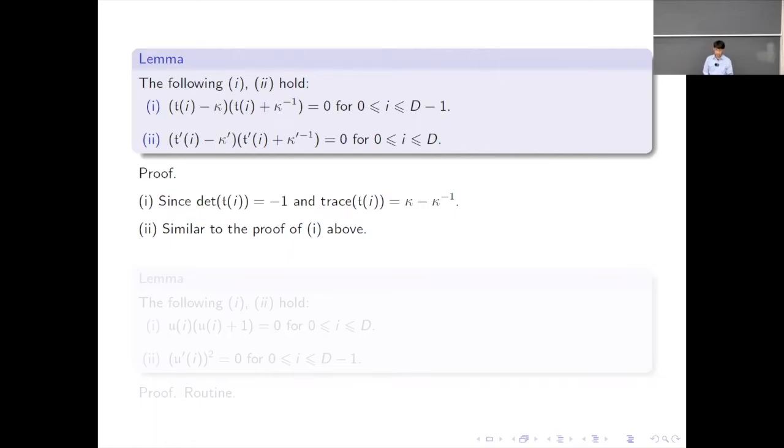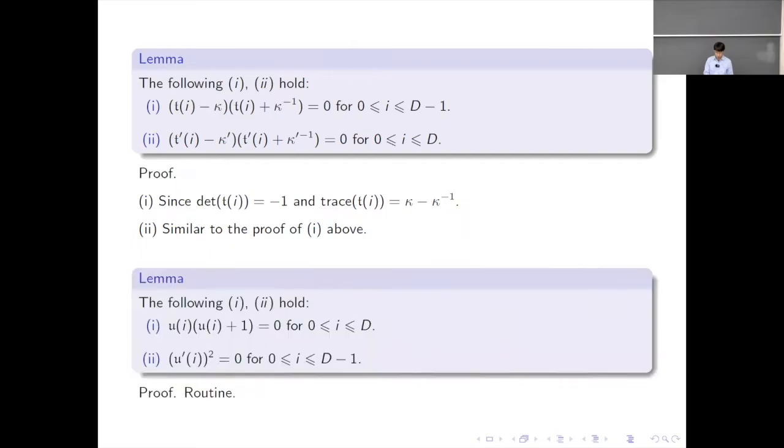We can routinely find properties 1 and 2 using the 2 by 2 and 1 by 1 block matrices. Also, using the defining 2 by 2 and 1 by 1 block matrices Ui and Ui prime, we routinely find Ui times Ui plus 1 is 0, and U prime i squared is 0.